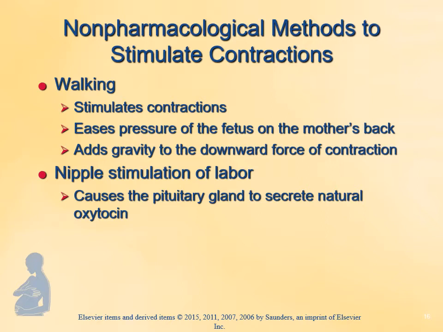Also, women can use nipple stimulation to help secrete oxytocin from their pituitary gland, and that we know causes the uterus to contract. So some people who wish to have a more natural, non-pharmacological induction might try nipple stimulation to get their labor going.